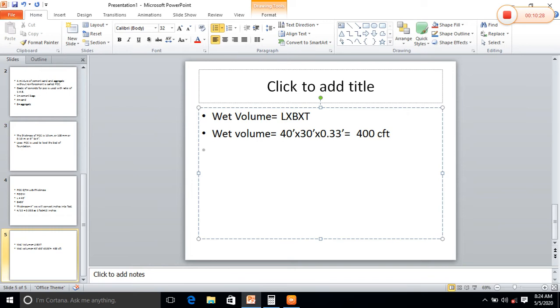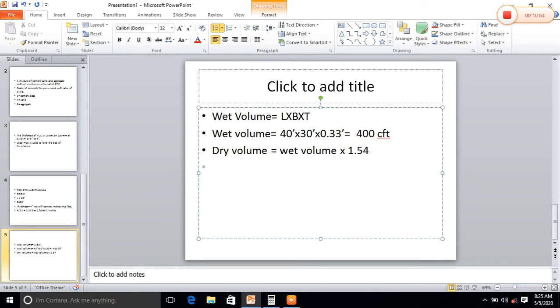Now we will find dry quantity, dry volume. So for dry volume we have also formula, okay, which is wet volume multiplied by 1.54.